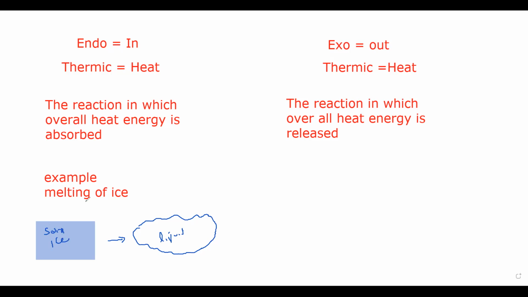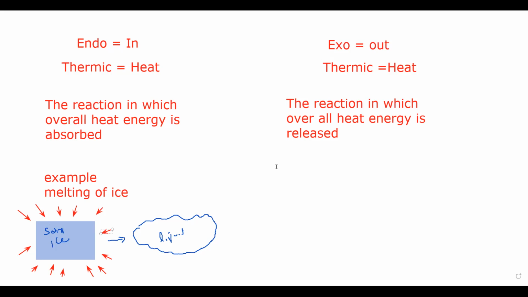But how is this solid turned into liquid? It converts into liquid by taking in heat energy. So when a substance changes by absorbing heat energy, in terms of energy we call that an endothermic reaction.